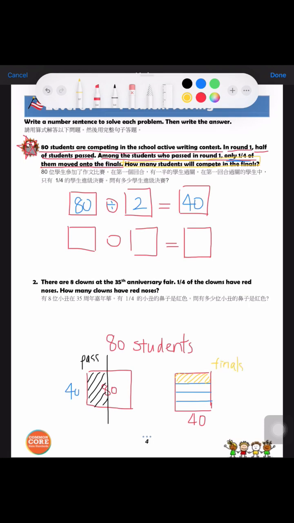Okay, so 40 split into 4 parts. Do you know how many students are in each part? That means we need to divide 40 by 4. So it equals 10. So 10 students will compete in the final.